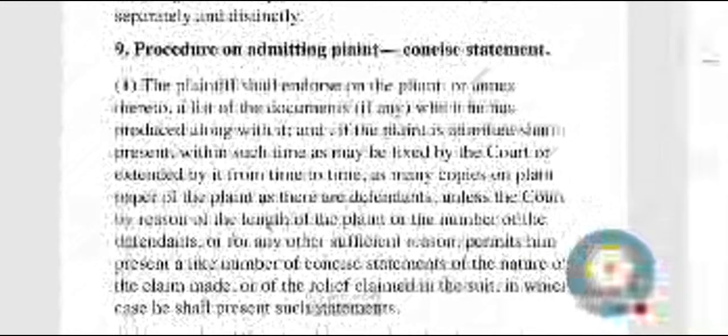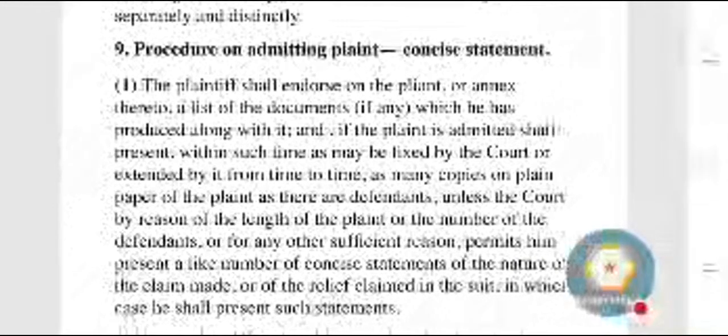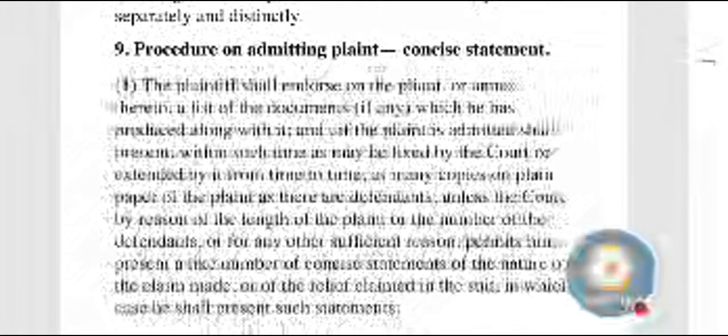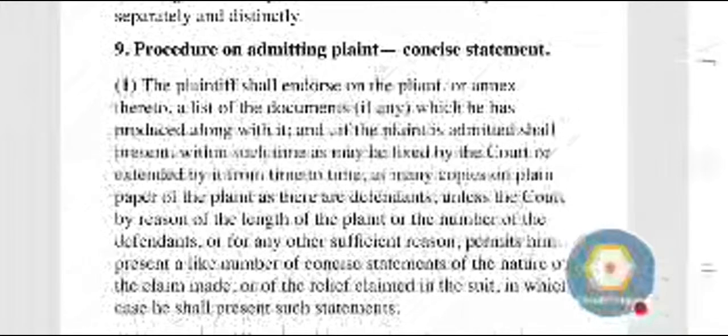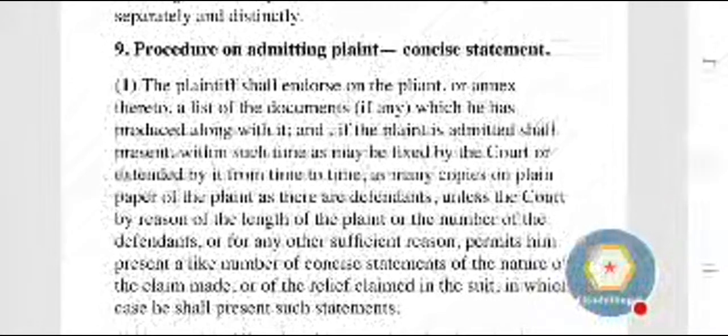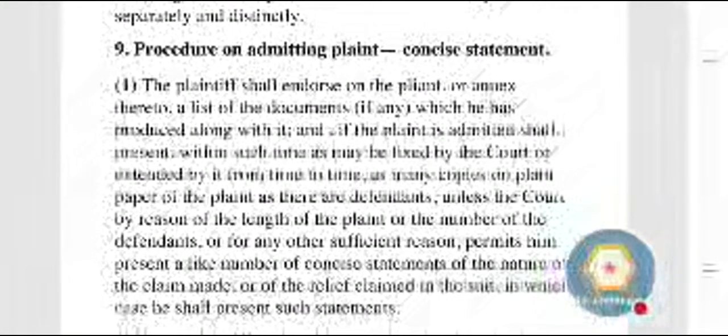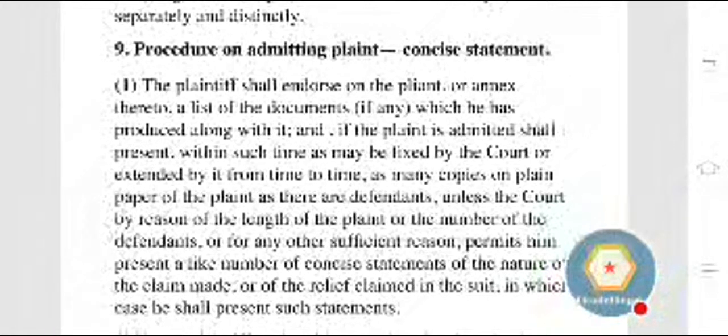The plaintiff shall endorse on the plaint or annex thereto a list of documents, if any, which he has produced along with it, and if the plaint is admitted, shall present within such time as may be fixed by the court or extended by it from time to time, as many copies on plain paper of the plaint as there are defendants, unless the court, by reason of the length of the plaint or the number of the defendants or for any other sufficient reason, permits him to present a like number of concise statements of the nature of the claim made or of the relief claimed in the suit, in which case he shall present such statements.